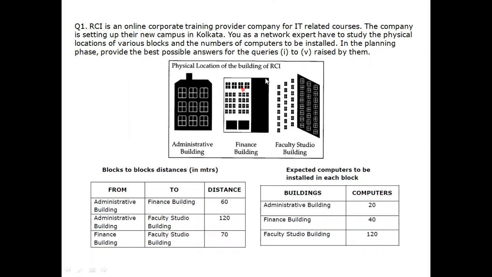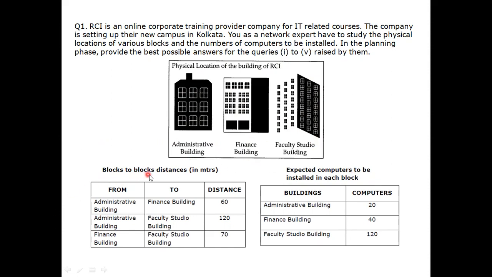So this is the question. What this question firstly gives is one diagram where they have put different blocks. This is the physical location of the buildings of RCI. This is the administrative building, this is the finance building, and this is the faculty studio. Two tables are also given.